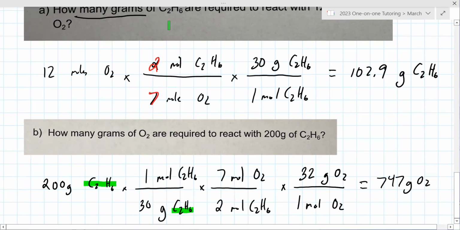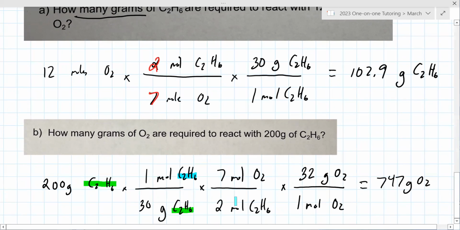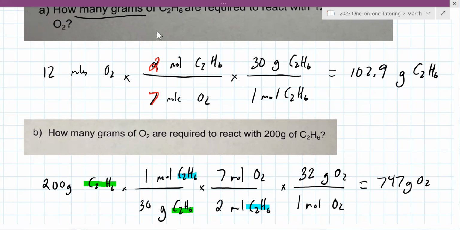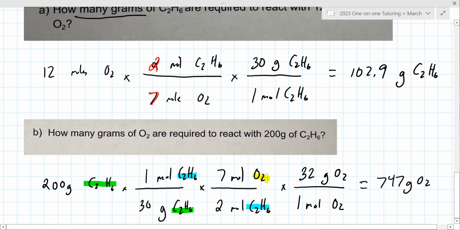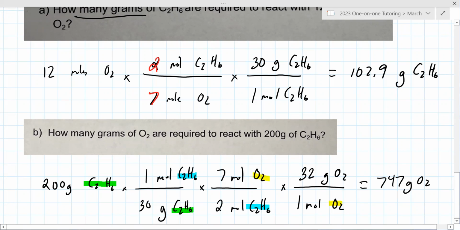And then it went on top again because you were converting to moles. So see how it was on the bottom? It had to go on the bottom, so that means the O2 has to go on top, because it's going diagonally. If you focus on the way I've been doing it, most of the time I write the one on the bottom first and then go to the top, because the bottom one's got to match the one on the top left.